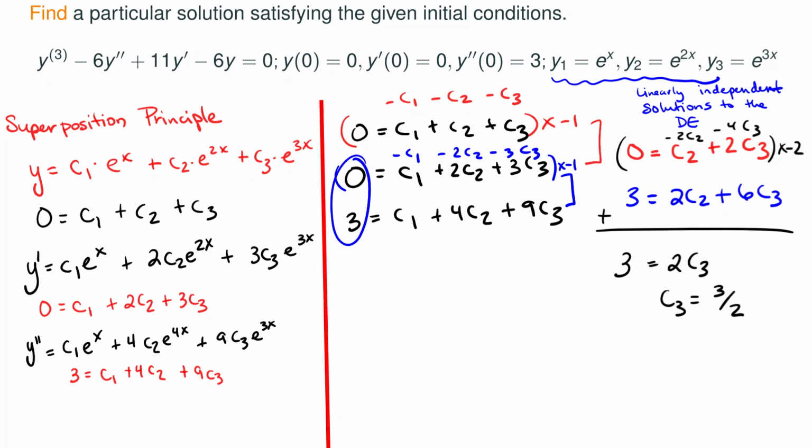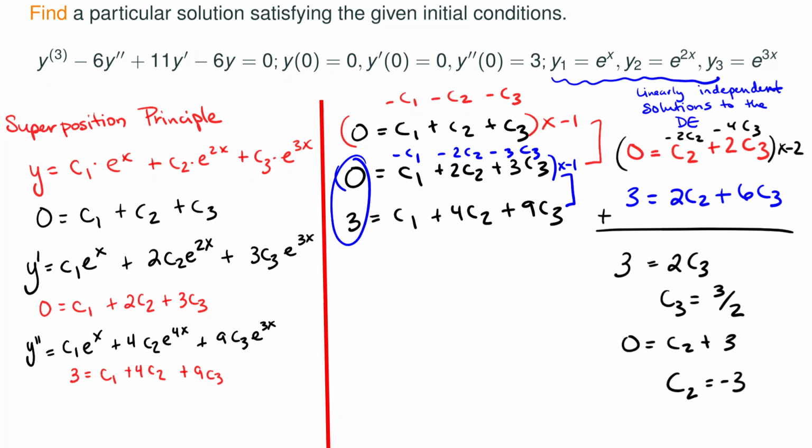Now we can put that back into one of our earlier 2 equations, and we have that 0 equals C2 plus 2 times 3/2, which is just plus 3. That tells us that C2 is equal to -3.